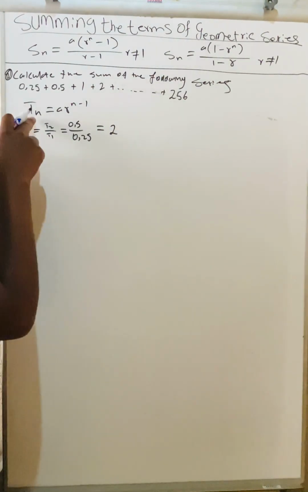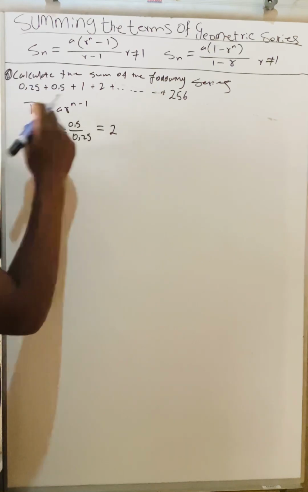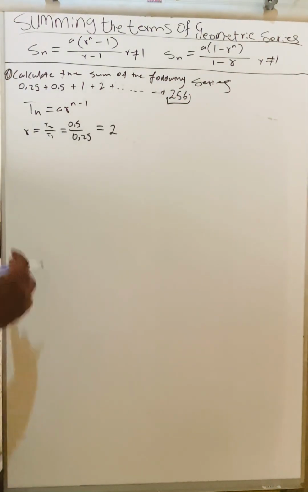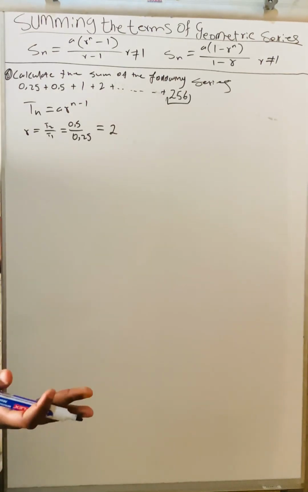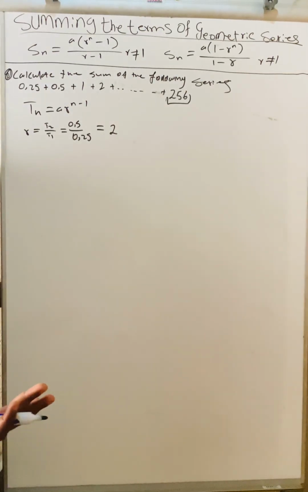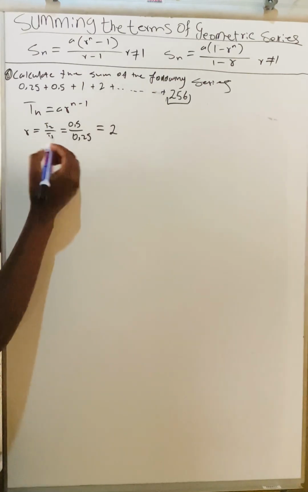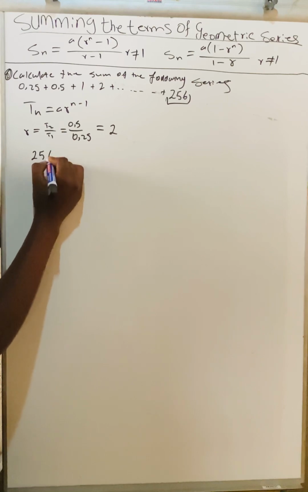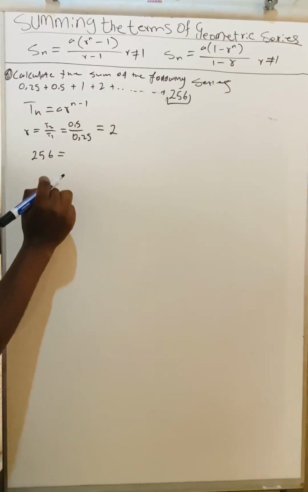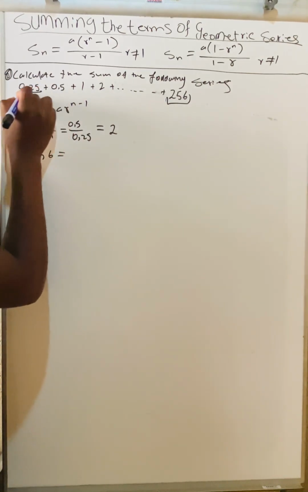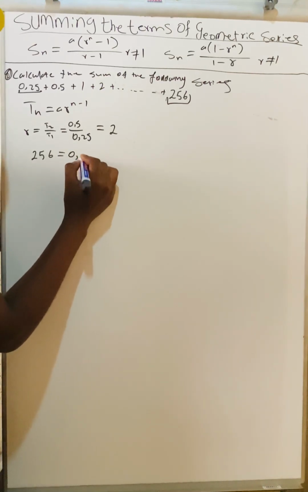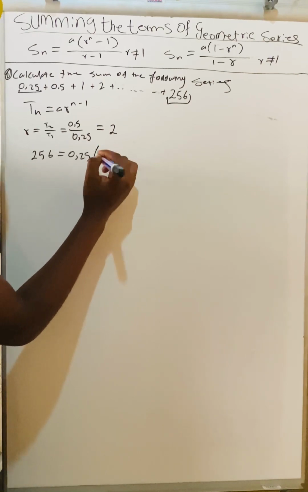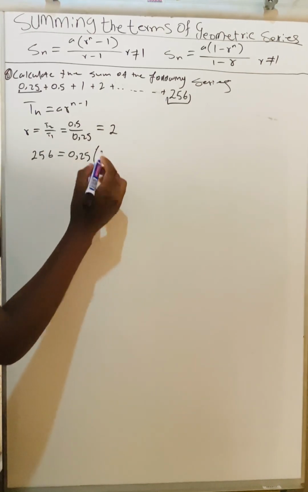From here, we all know that our Tn is 256. It's just a matter of substitution. Simple and straightforward. Let's do it. On Tn we write 256, which is equal to A, and our A is 0,25. Then what is our R?